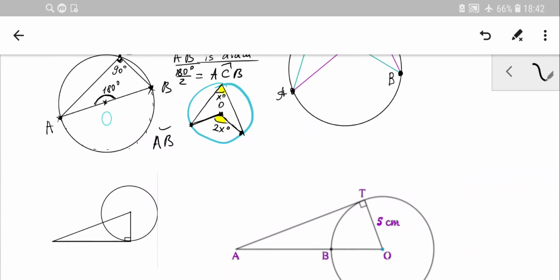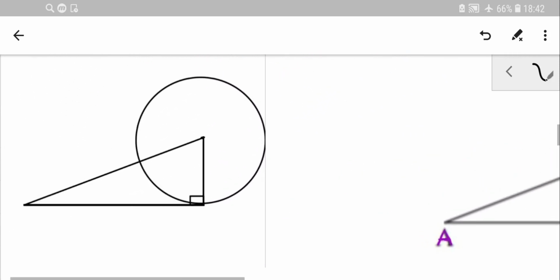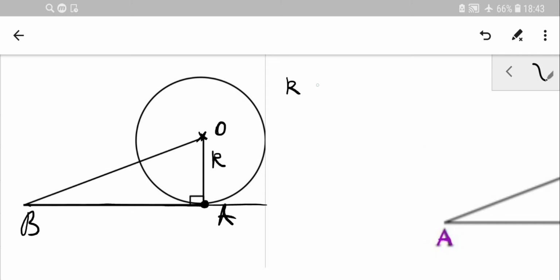All right, so tangent line. Let's say we have a circle with a center O, and we have some point A, where the tangent segment or tangent line goes. A tangent line is a line that touches the circle in one point, in this case, point A. The theorem tells you that the radius OA will always be perpendicular to the tangent line.